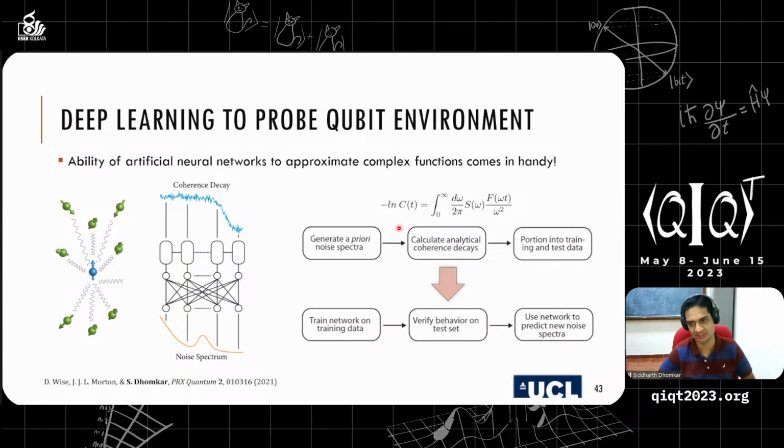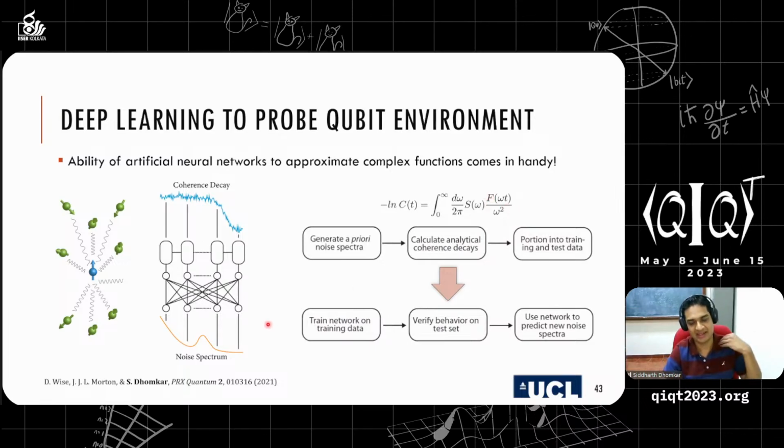So what I do is I generate 100,000 pairs of S of omega and C of t. And then I train a neural network using those pairs. That neural network actually understands the correlation between C of t and S of omega. So now it learns to solve this integral equation under particular constraints.